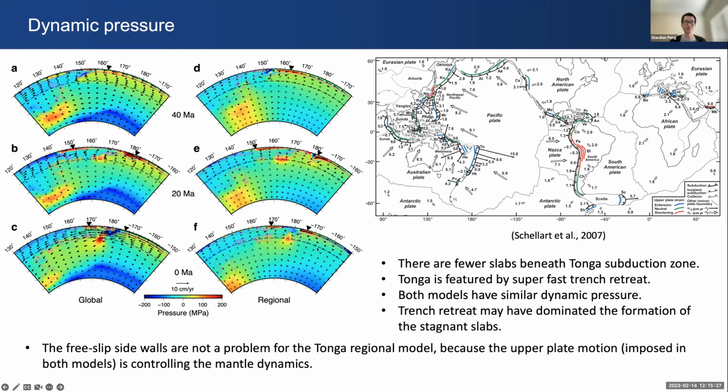And in the regional model, the plate motion and the trench retreat are also imposed as surface boundary conditions. So the regional model doesn't vary much from the global model. In this case, the sidewalls are not a problem for modeling the Tonga subduction zone in regional models.